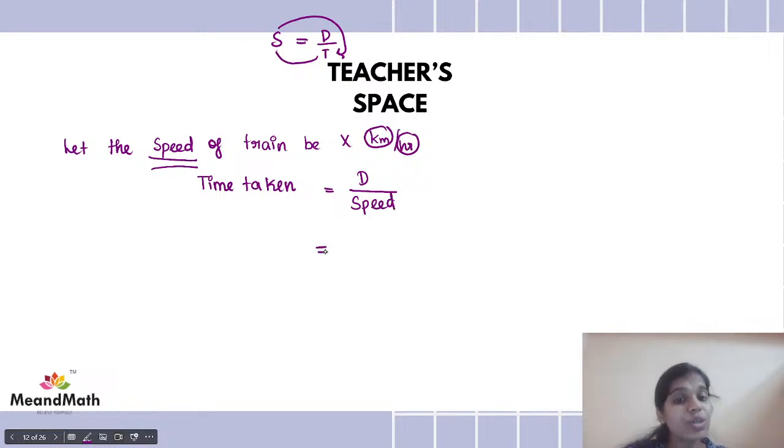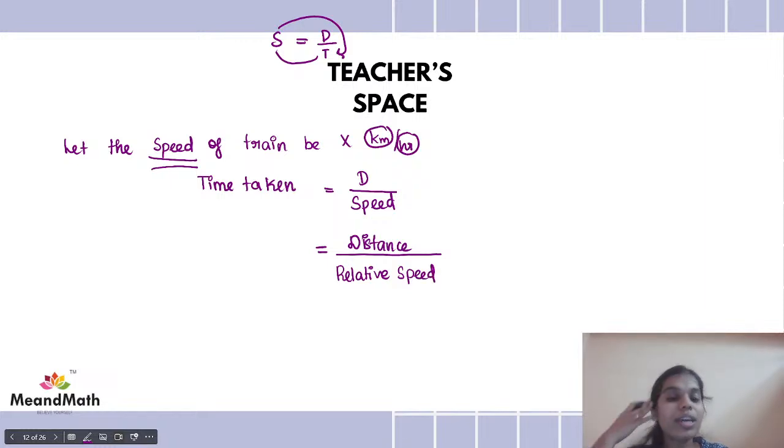But here we need to calculate the relative speed because the train and the persons are moving in the same direction. So time taken is distance by relative speed.